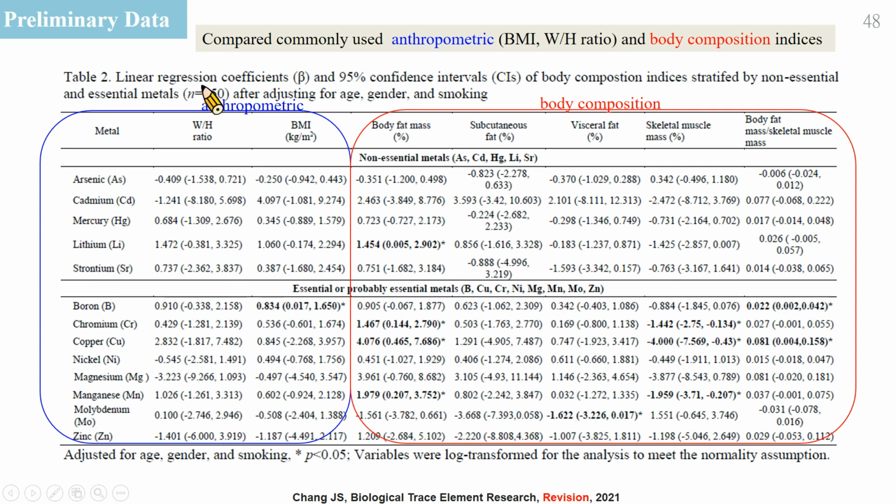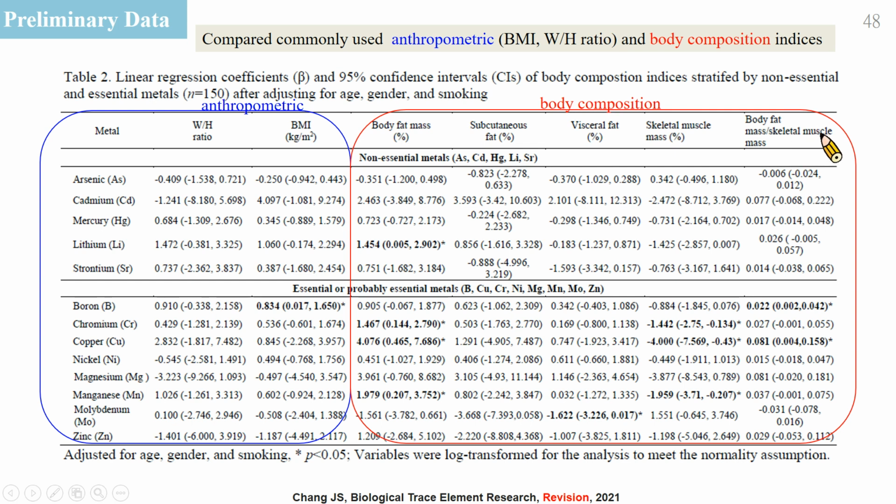We also compare traditional anthropometry, like waist-to-hip ratio or body mass index, to body composition, like body fat mass, subcutaneous fat, visceral fat, skeletal muscle mass, and also the ratio of body fat mass to skeletal muscle mass.